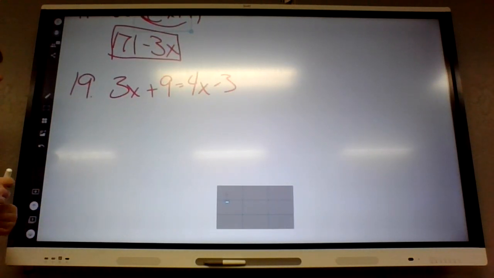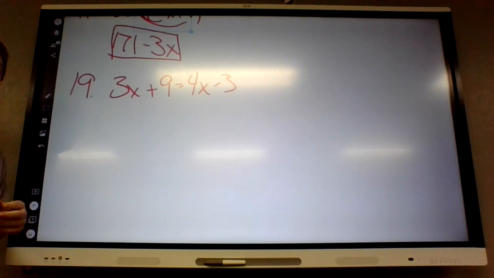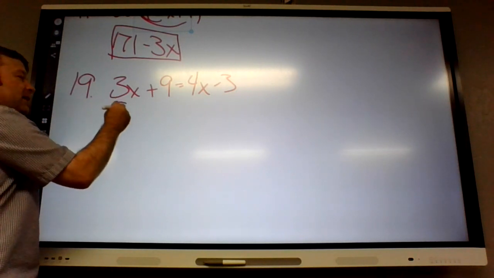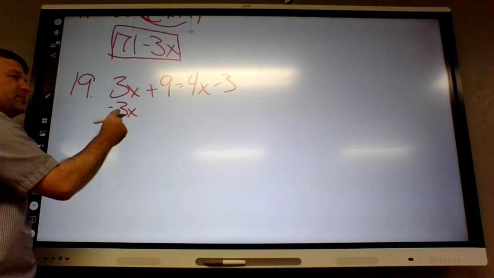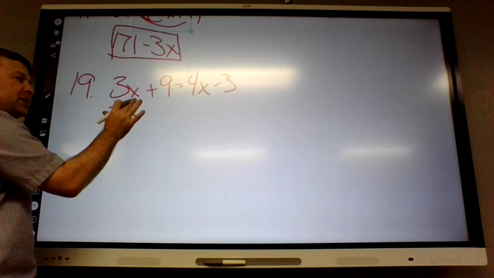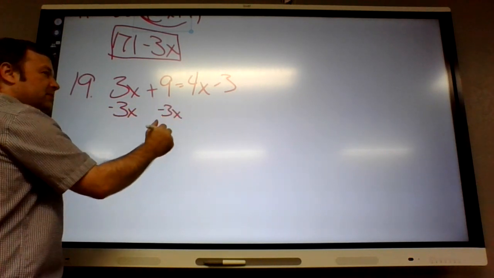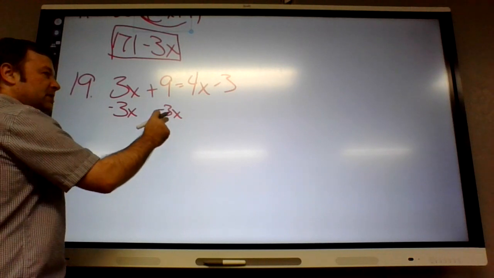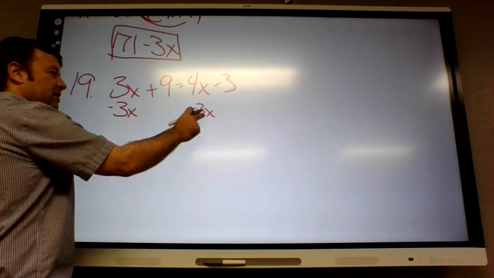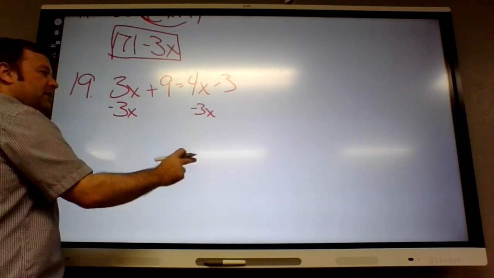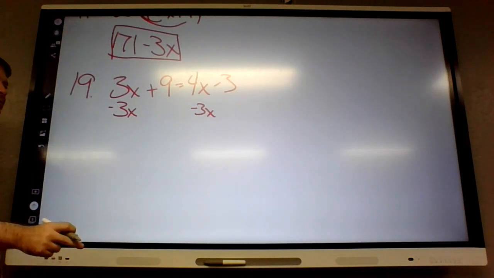What do we do at this point? Okay, subtract 3x. Some people put minus 3x there and then maybe a minus 3x there. What's wrong with this? You can't do that. You have to put it on both sides of the equals.